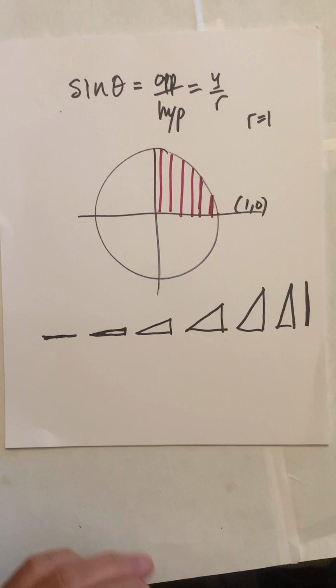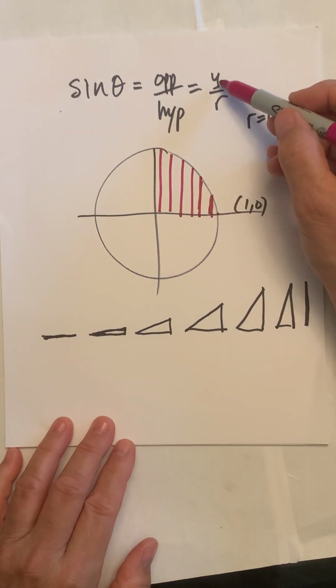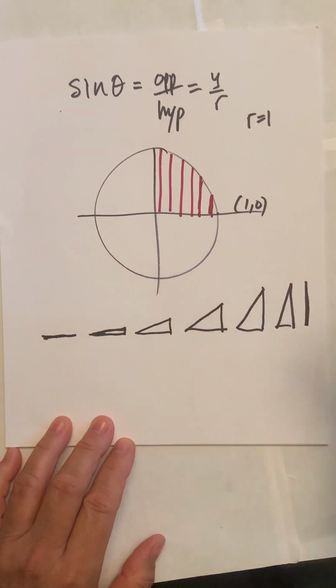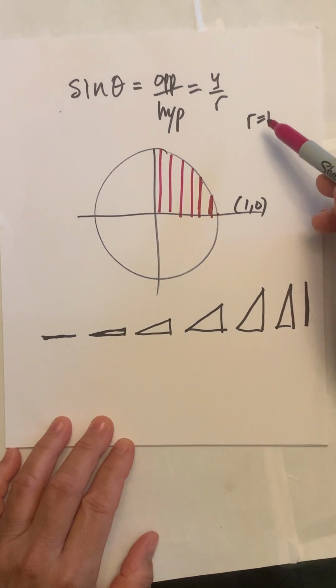Until finally it's all y. So when you look at the ratio of y over r, r is constant, the length of the radius isn't going to change. The radius of the circle is always going to be 1.